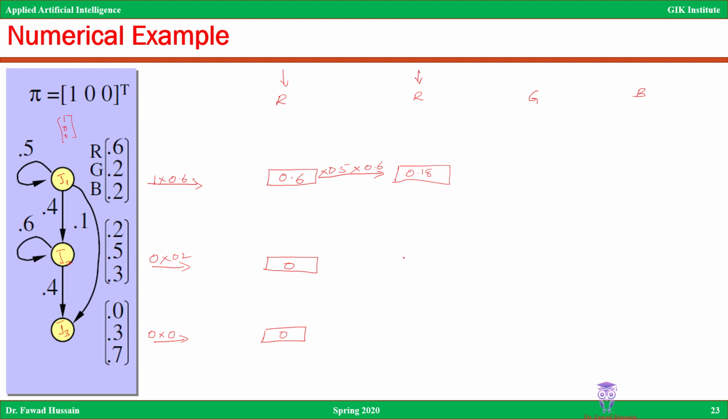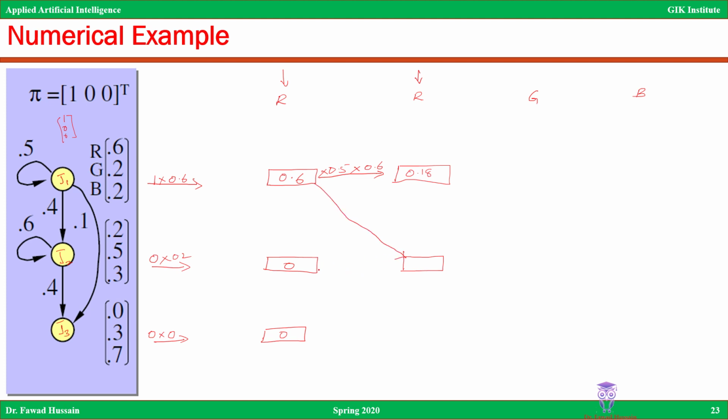What if the second red ball is selected in the second jar and not the first jar? So it's a red ball, but it's selected from jar number 2, so J2. Now again, this means that this sequence could have come either from here, or from here, or from here.